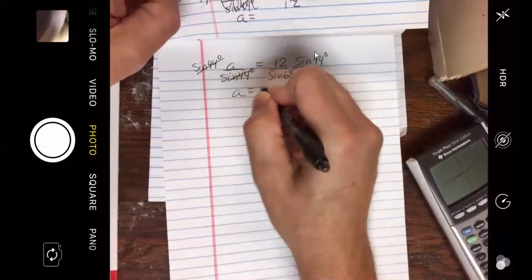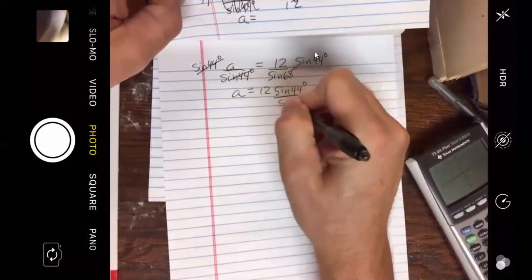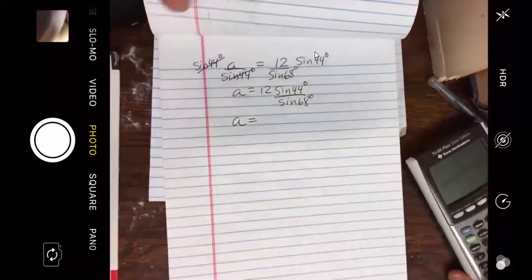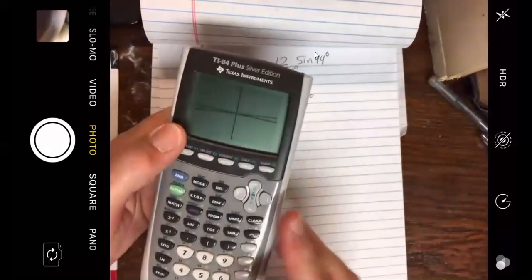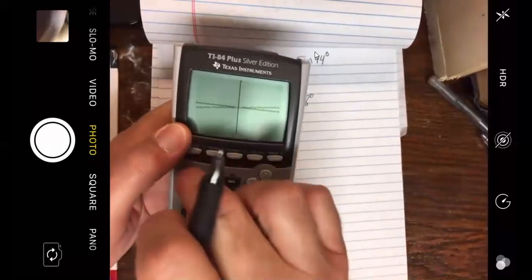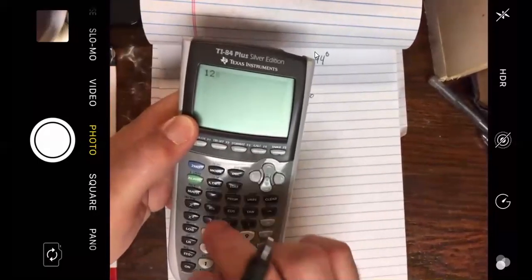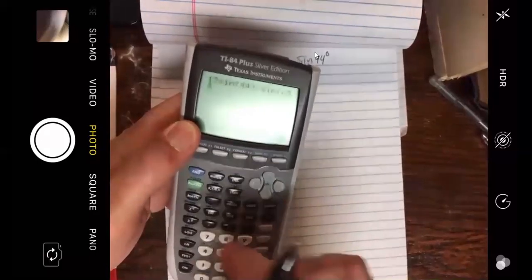So your A is 12 sine 44 over sine 68 degrees, making your A 12 sine 44 over sine 68.